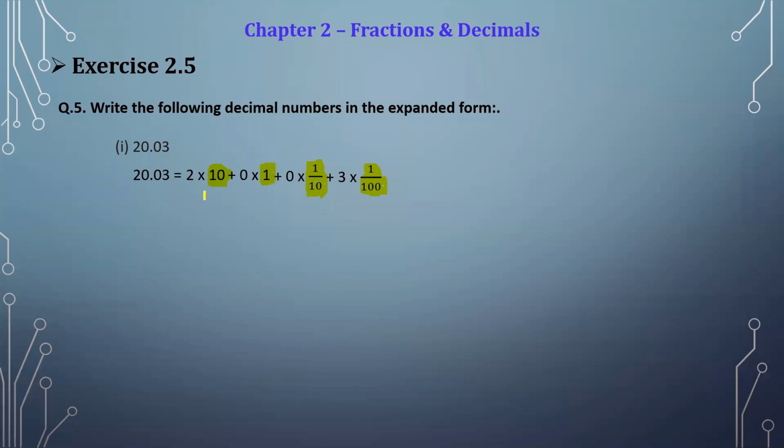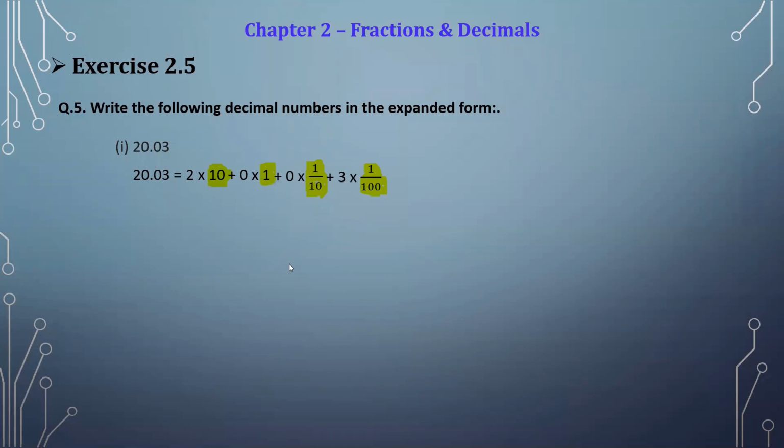So in this way we have added 2 into 10, 2 being present at tens place, plus 0 into 1, 0 being present at units place or ones place. Then the next 0 is present at tenth place, so we multiply it by 1 upon 10. Plus 3 is present at hundredth place, so we multiply it by 1 upon 100. So in this way, we can convert it into expanded form.